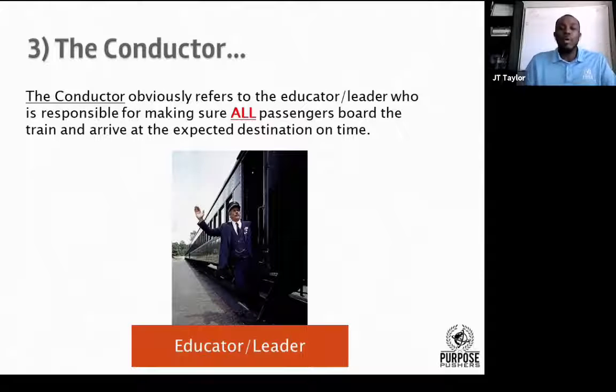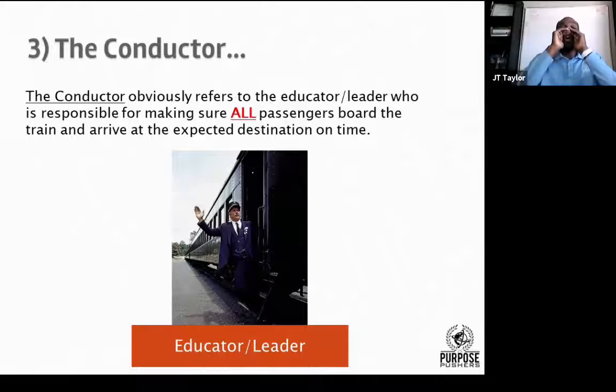And then the last component, the very most important component, is the conductor. Obviously, the conductor is the educator or the leader who is responsible for making sure that the passengers board the train in a timely manner and arrive at their expected destination in a timely manner. We're all familiar with that popular phrase of the conductor.